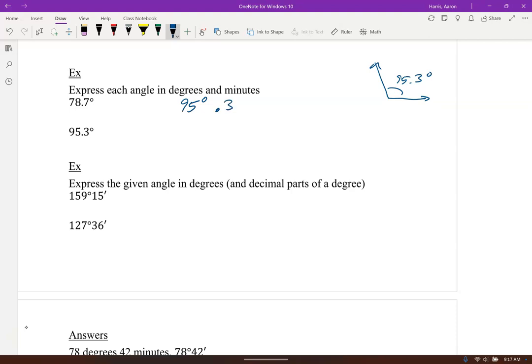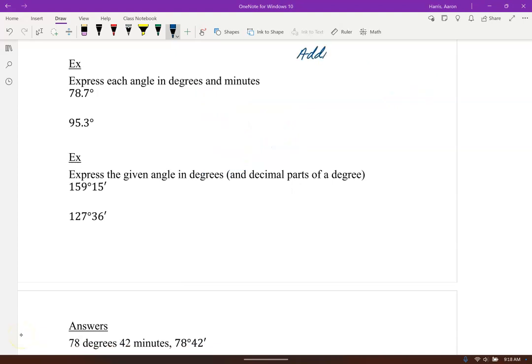It's the 0.3 degrees that's the issue. So I leave the 95 degrees and convert the 0.3 degrees to minutes. There's 60 minutes for every 1 degree. The degree cancels, so now we have 0.3 times 60, and we get 18. So then we write it: 95 degrees, 18 minutes is the same as 95.3 degrees.